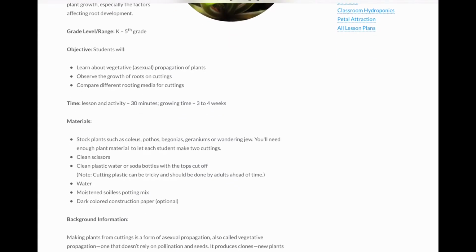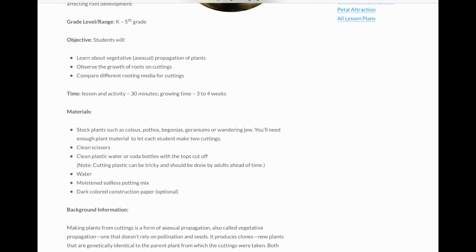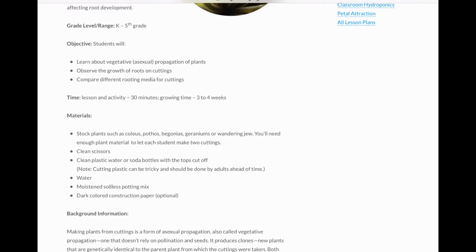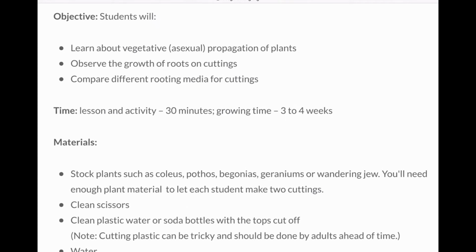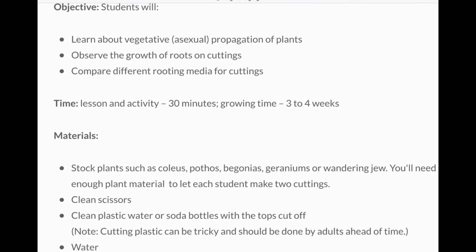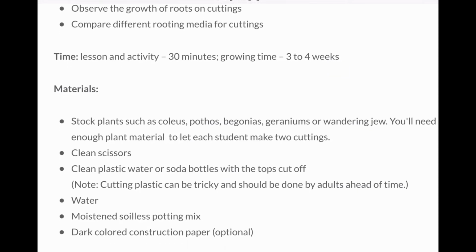Okay, this could be for grade level ranges K through 5th grade. In this objective, students will learn about vegetative propagation of plants, observe the growth of roots and cuttings, compare different rooting media for cuttings. And this lesson will take about 30 minutes, 3 to 4 weeks.